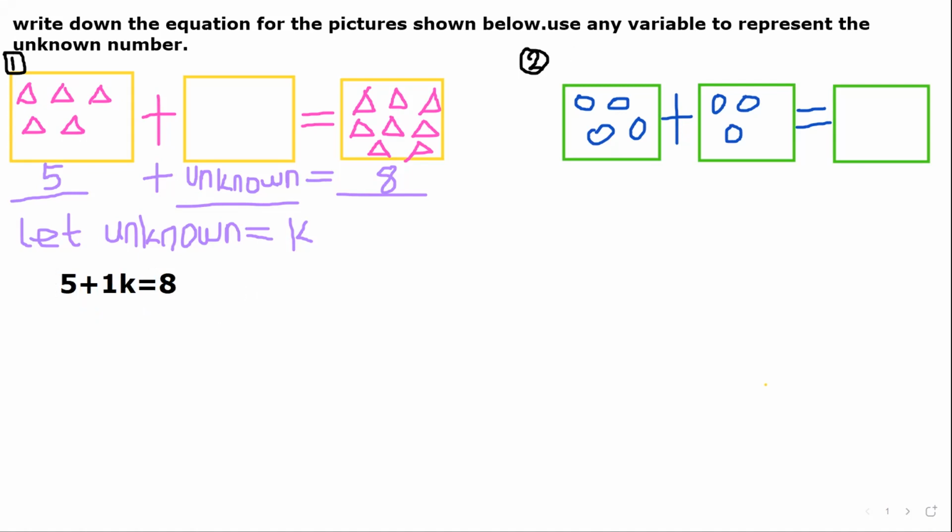Now, because I need to group like terms, we have a number here and the alphanumeric on one side, and there's a number here.